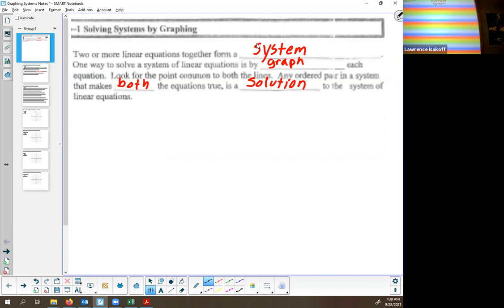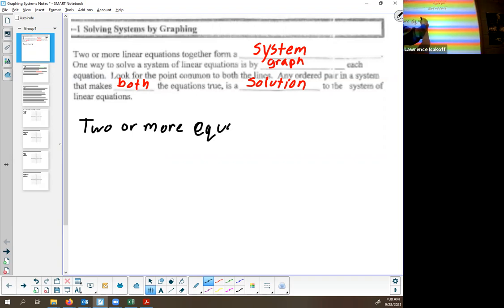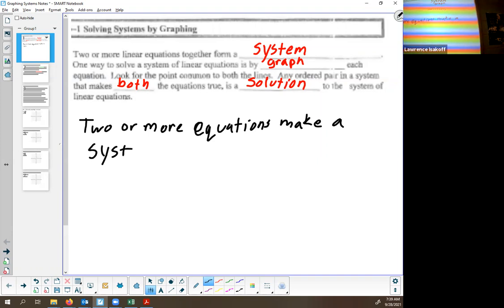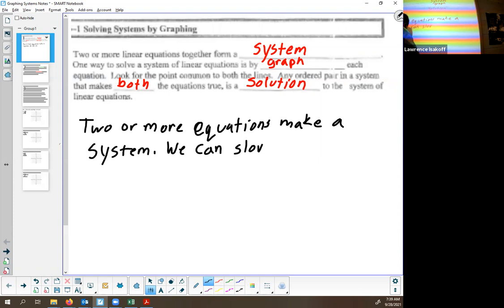So, 2 or more equations make a system. We can solve it by graphing both and seeing where they cross.